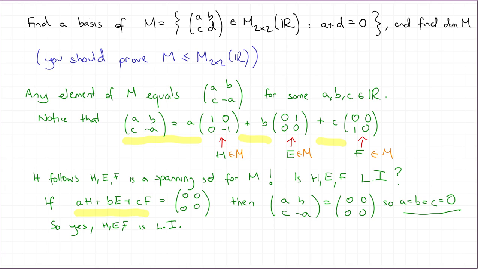So we've shown H, E, F is linearly independent and that it's a spanning set for M. Therefore, it's a basis of M. Finally, the last part of the question was find the dimension of M, but of course that's easy. The dimension is the size of a basis, any basis, and we've just found a basis of size 3.